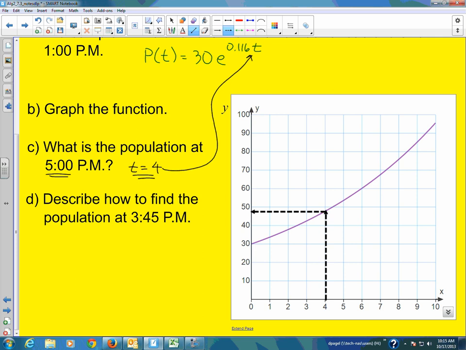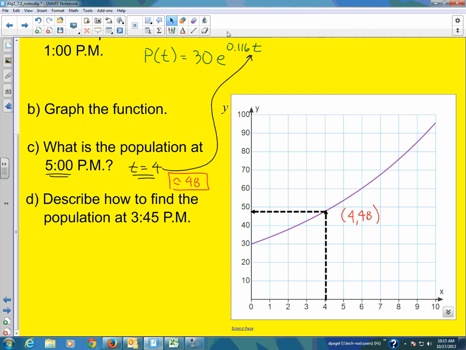So it appears to be the 4, 48 coordinate on this graph right there, and I can go check that by plugging 4 into that function and see what we get. It looks like our population is about 48 bacteria at 5 p.m.